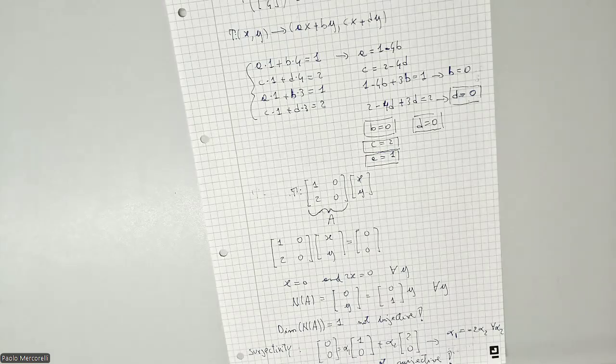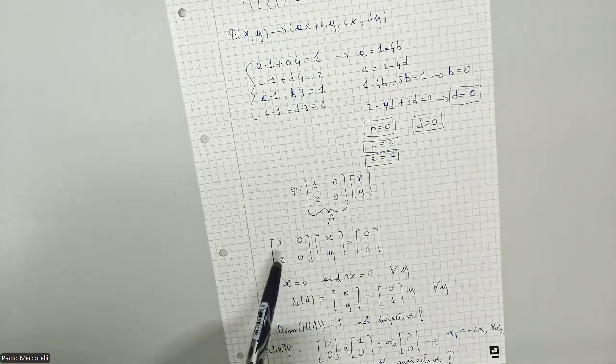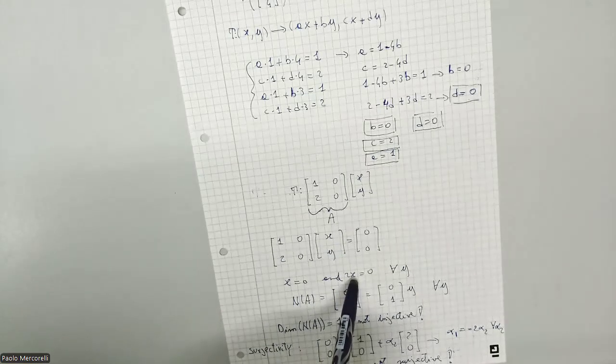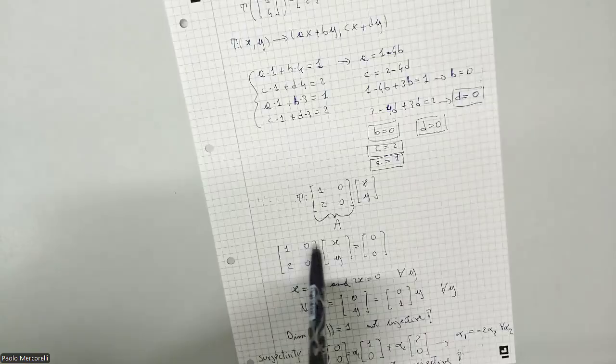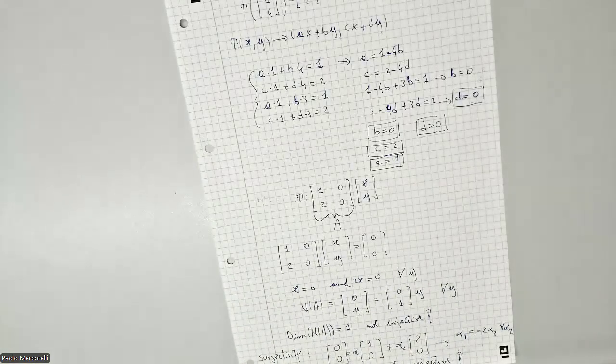I have to look for elements x and y which are transformed into 0, 0. This means row multiply column: x equals 0, and 2x equals 0. I have 2 conditions. But for each y, why am I writing for each y?